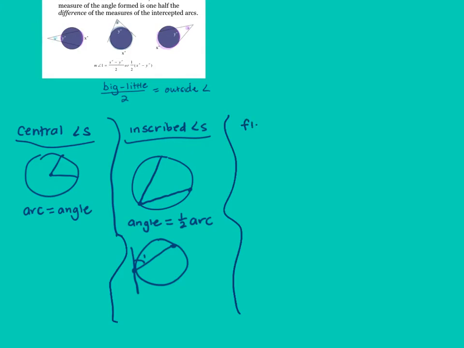Then comes the floating angle. Man, these are horrible circles, but you get the point. So we'll say it's its arc plus its vertical angle's arc, divided by 2.